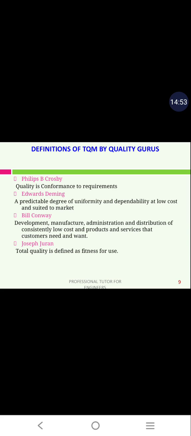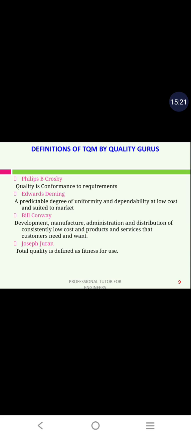Bill Conway says that development, manufacture, administration and distribution of consistently low cost products and services that customers need and want. So whenever you are designing and manufacturing a product, you have to design, develop, and manufacture that product at a very low cost, and you have to give good quality.